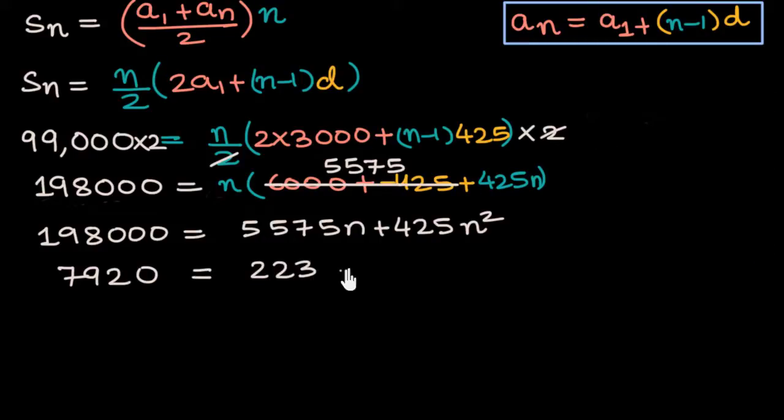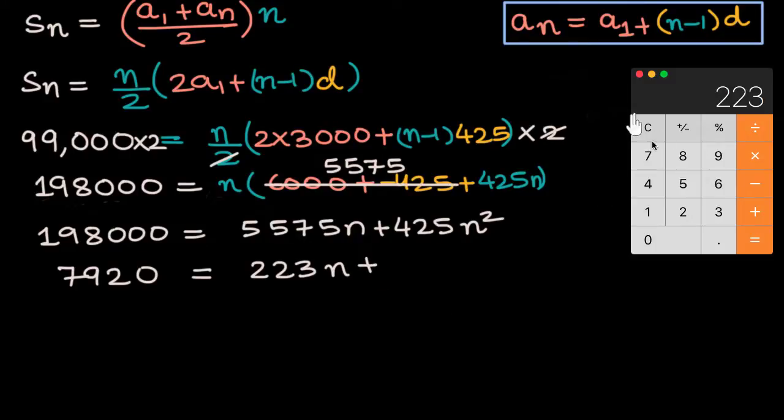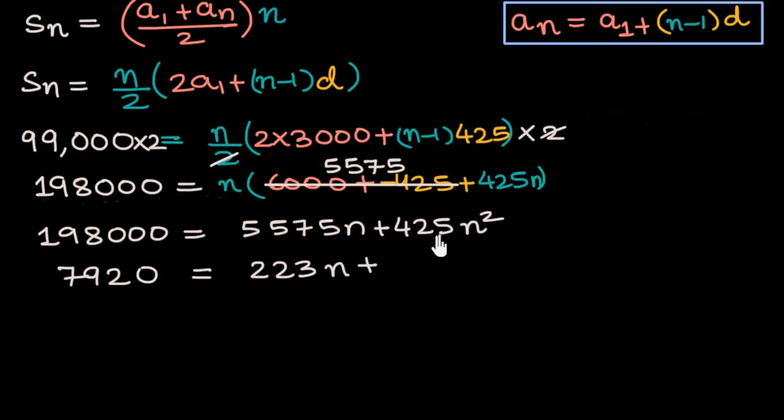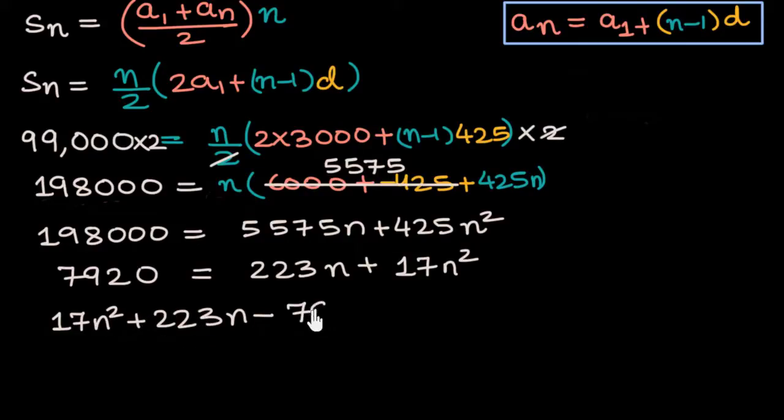So here I can write 223n, and on dividing 425 by 25, I'll get 17. So this is 17n squared. Okay, so this is the simplest version because 17 is a prime number. So on subtracting 7,920 from both the sides, we have 17n squared plus 223n minus 7,920 equals 0.